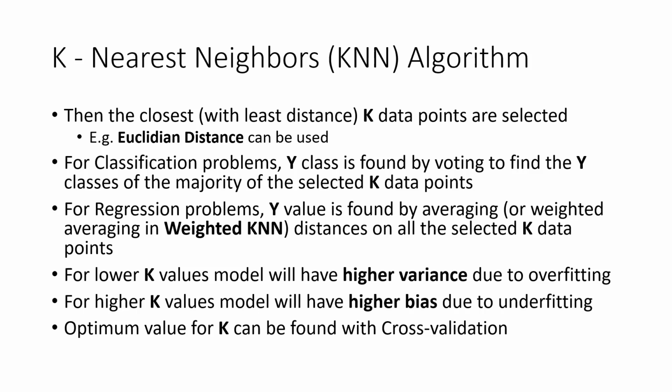In regression problems, similarly we take the k nearest neighbors, we find the k nearest data points, and then we find the value for each of the data points, right? In the case of 3, we take the first data point, second data point, and third data point, and we take the average.